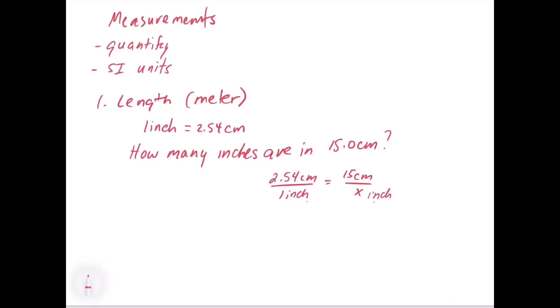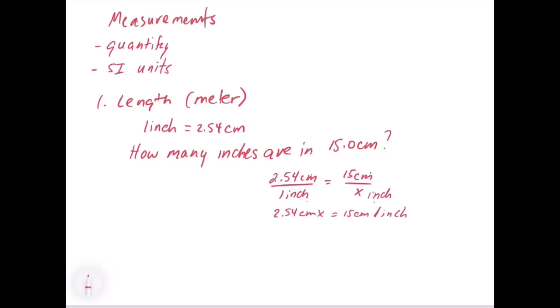I have inches on the bottom and centimeters on the top, and we can solve this with some algebra. We can say 2.54 centimeters times x is equal to 15 centimeters times 1 inch. Now normally you would just write 15 there in a math class, but we have to make sure that we have the units correct.